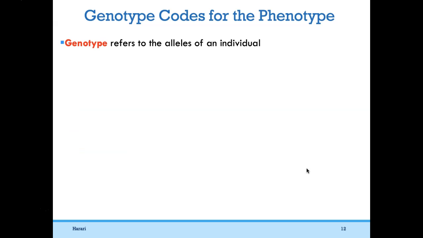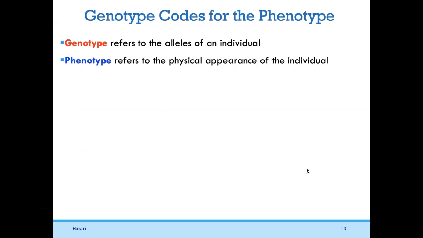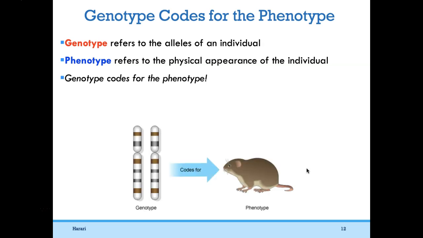So we said that genotype refers to the alleles of an individual. Phenotype refers to the physical appearance of the individual. So phenotype is a new word that's very important. Right, so phenotype is encoded by the genotype. The phenotype is the physical appearance, which is largely determined by which proteins are made by the genotype. Right? So the genotype encodes for the phenotype.